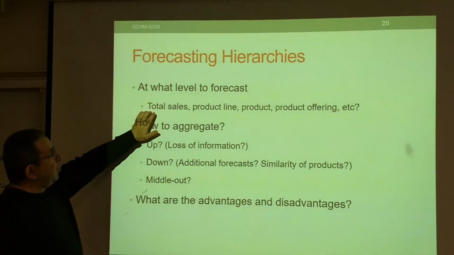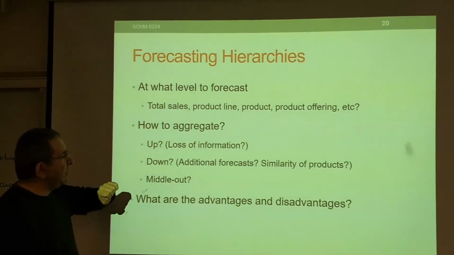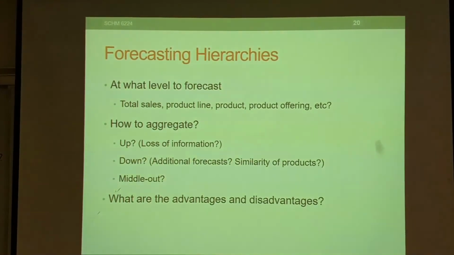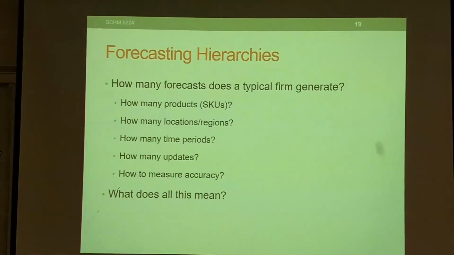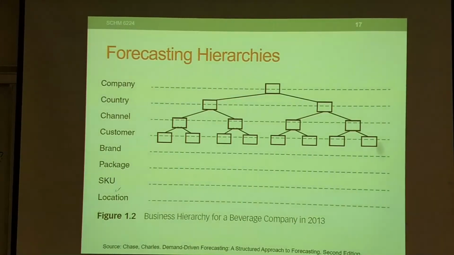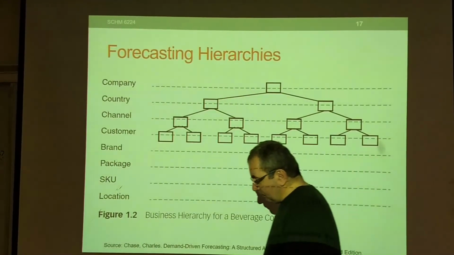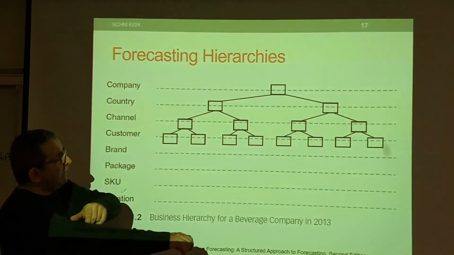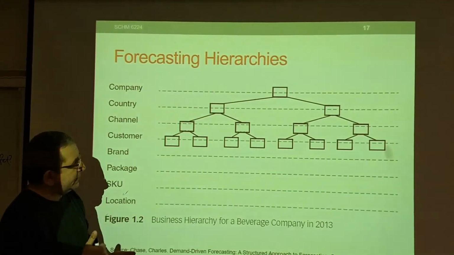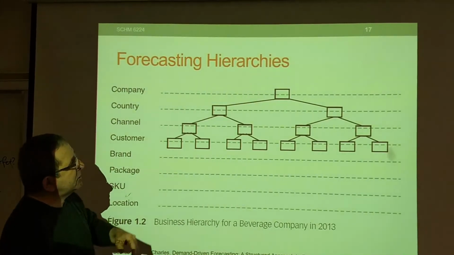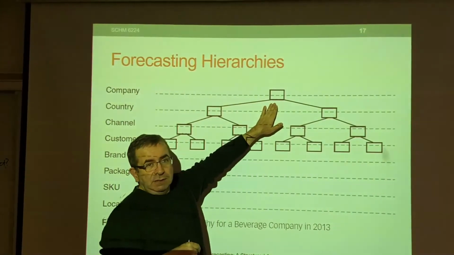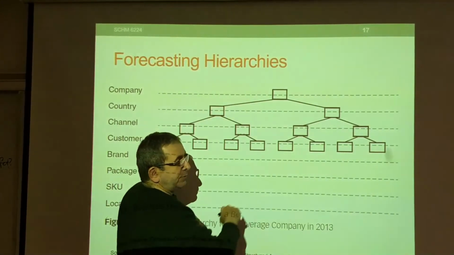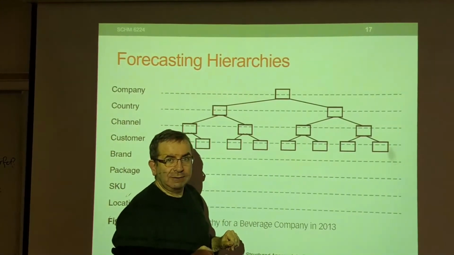So where should you generate your forecasts? Let's suppose you have a hierarchy like this. Should you generate a forecast at the top and break down the hierarchy like that?